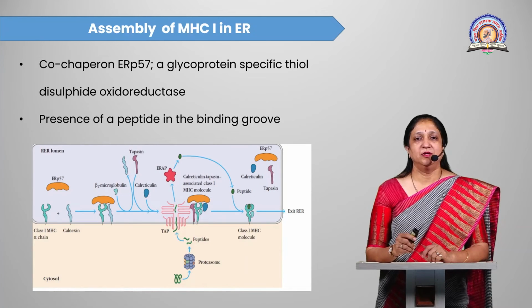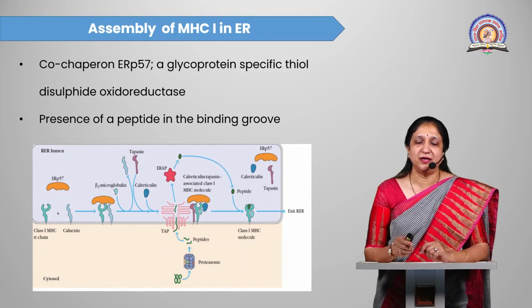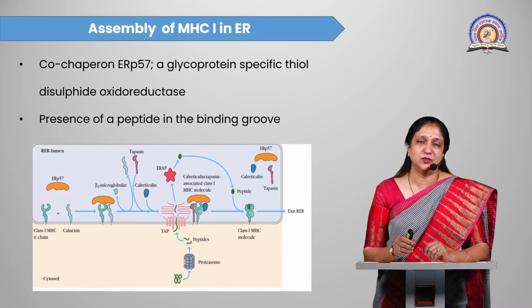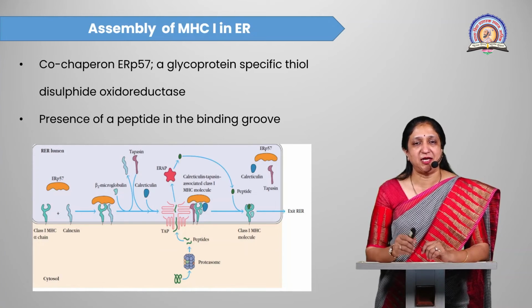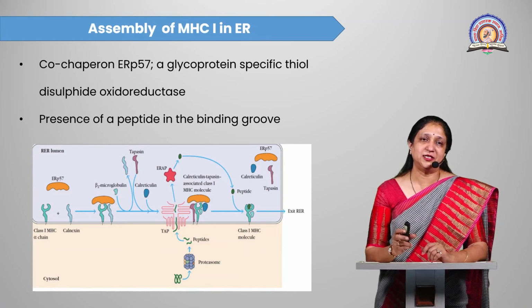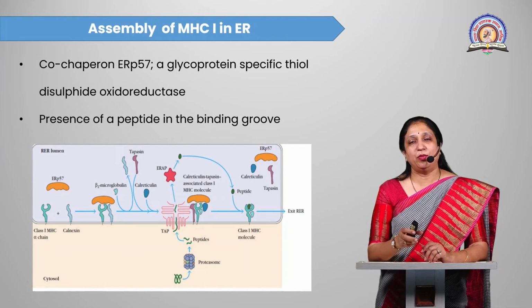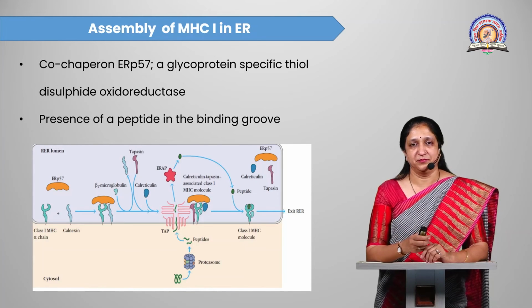So now the calreticulin is bound to the class 1 MHC molecule, which is a completely formed class 1 MHC molecule with the alpha chain and the beta 2 microglobulin. This calreticulin bound class 1 MHC molecule binds to tapasin.